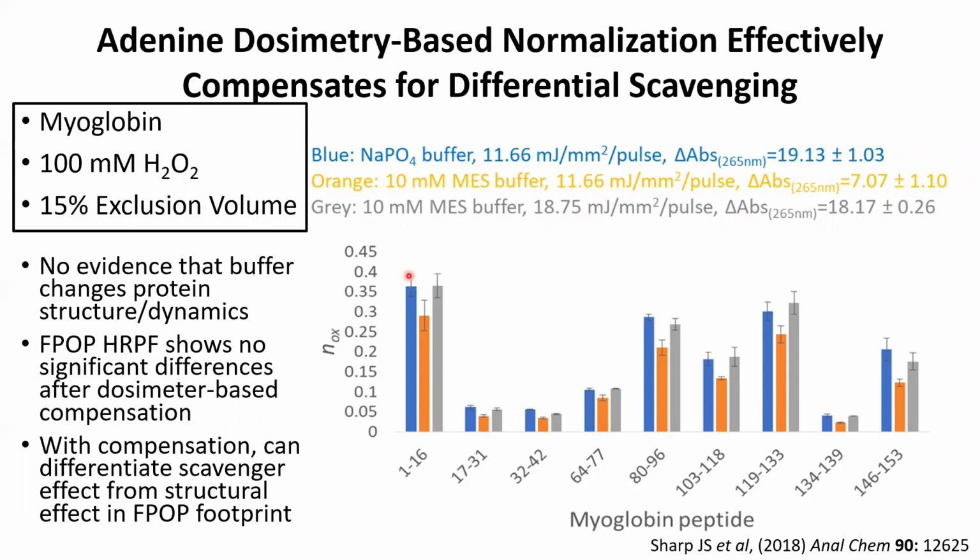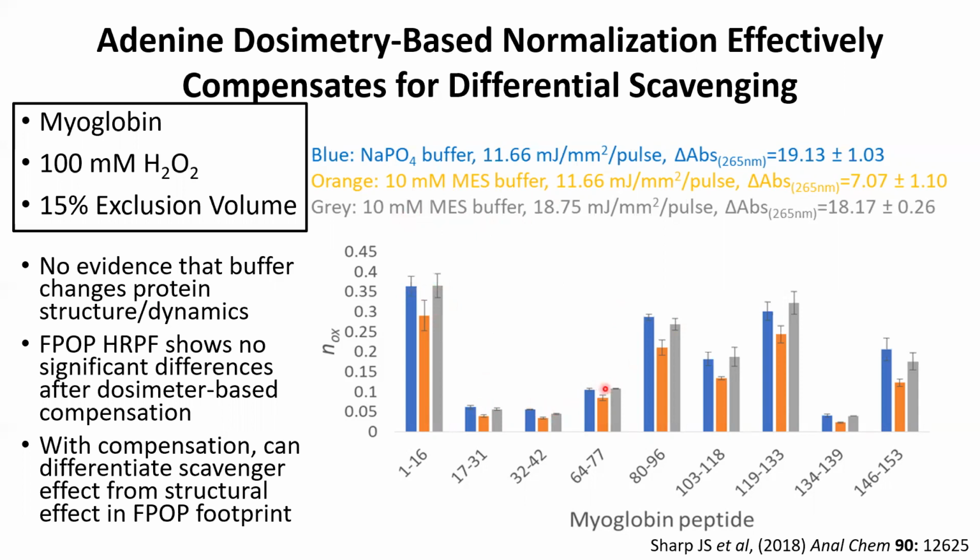And when we do that and take the radical footprint of myoglobin, we see that it is now identical for every peptide. We have successfully compensated for widely different radical scavenging capacities, and we've received the exact same footprint from both samples.